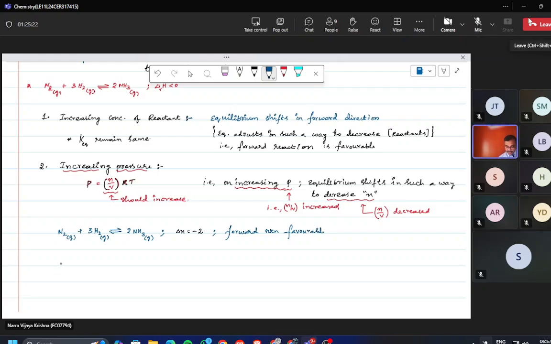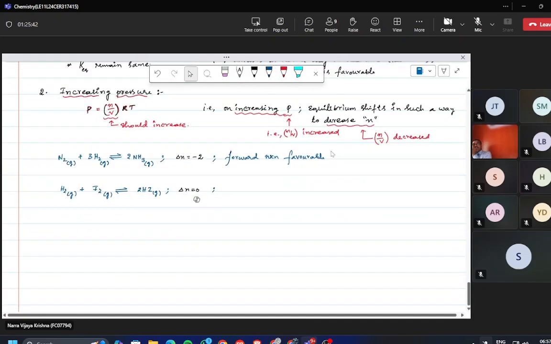Now I am writing one more reaction, sir. Now, what is delta N? 0. Then, which is favorable, forward or backward? Why?